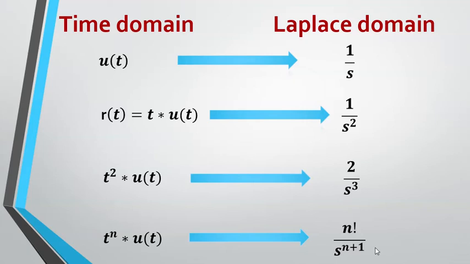So you will have a complete table where any possible function that you're dealing with is listed with its Laplace transform. But I'm going to tell you about some properties of Laplace that are going to be very useful for us to be able to transform any variety of signals to the Laplace domain.